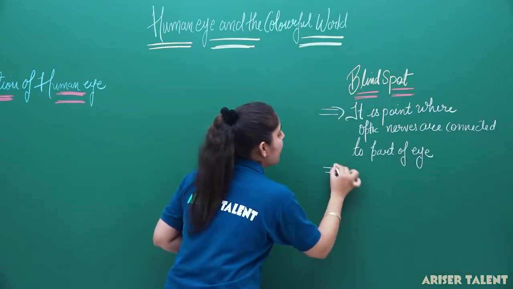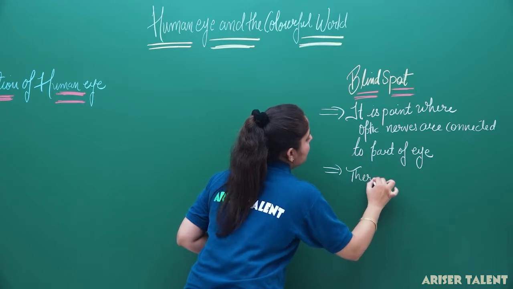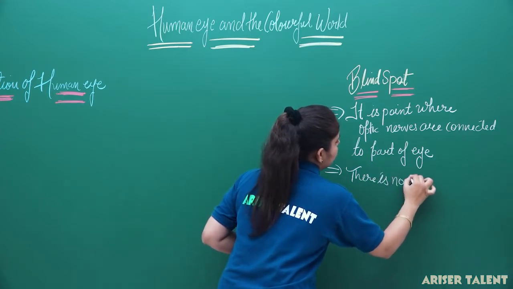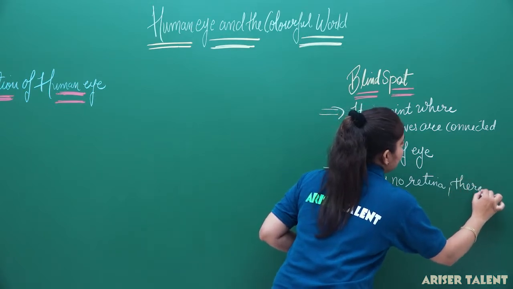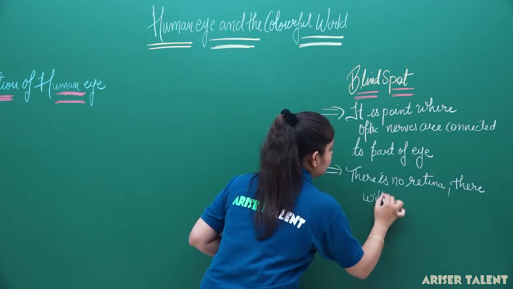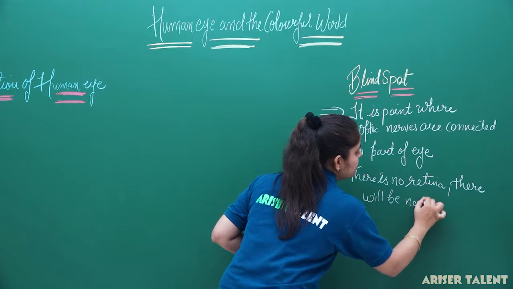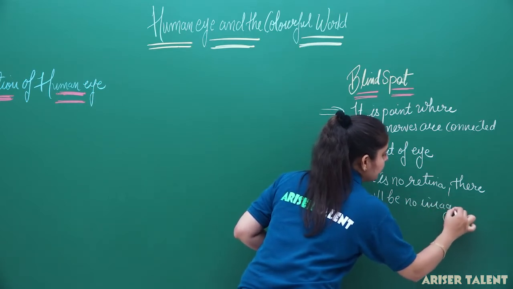And in this part, there is no retina. So, if there is no retina, there will be no image formation, because the image is going to be formed on the retina only.